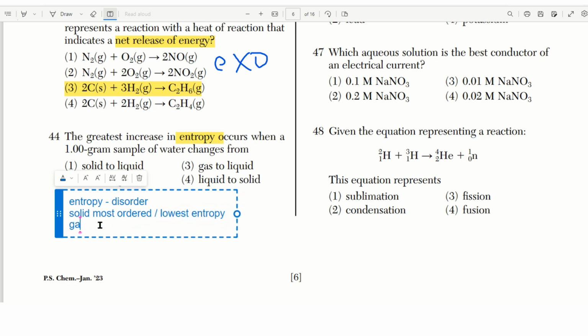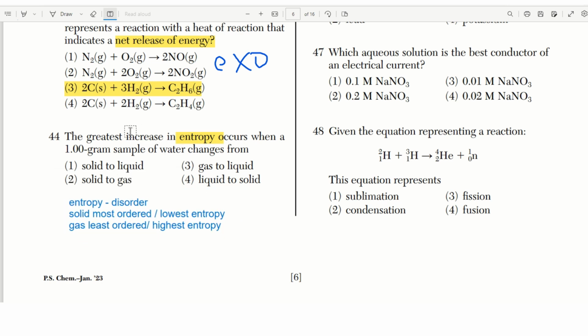And then a gas is the least ordered, highest entropy. All right. So if the entropy is increasing, I need to be moving toward a gas. And look, there's one that ends in a gas. That's perfect.